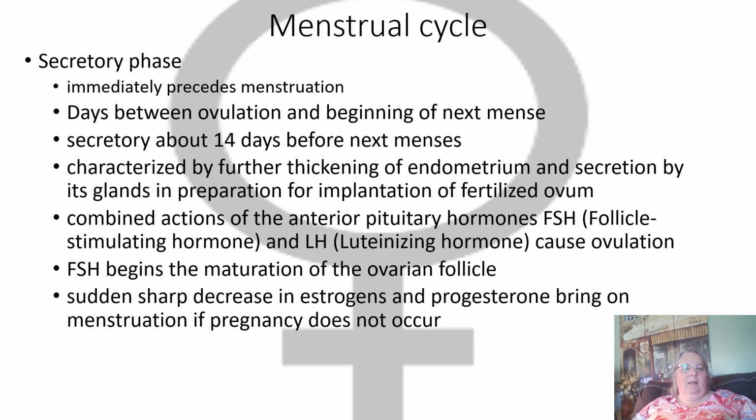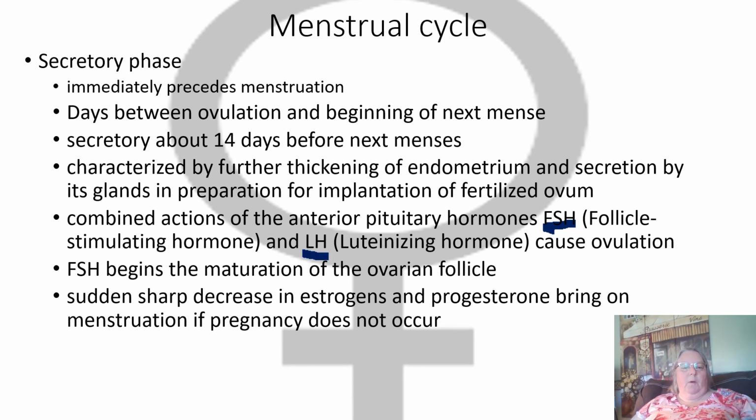It's a combined action caused by the anterior pituitary hormone, follicle stimulating hormone, and that's the FSH, and the LH, which is your luteinizing hormone, which cause ovulation. Now, I want you to take special note because you're going to see FSH and you're going to see LH.